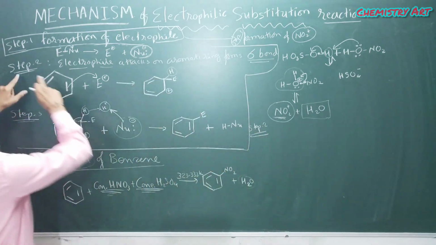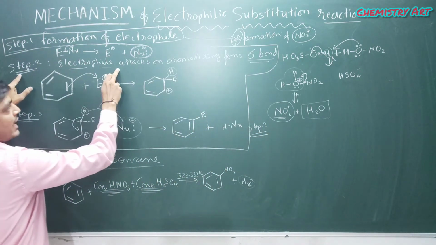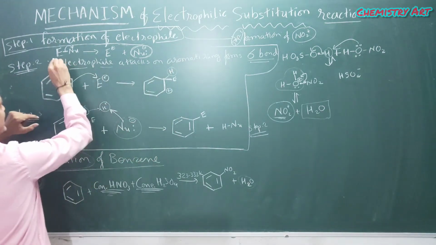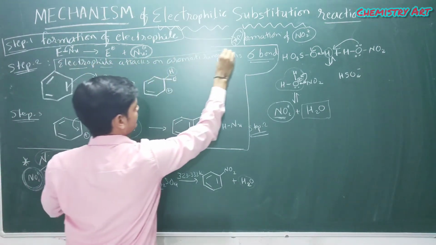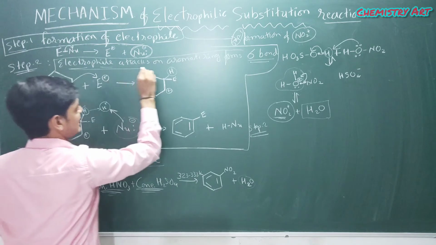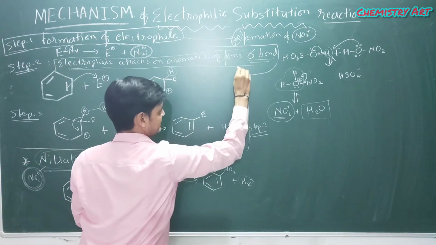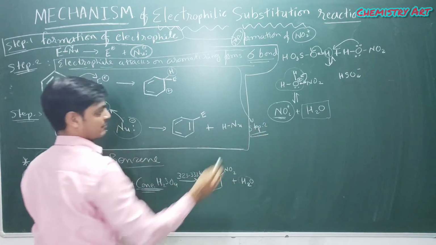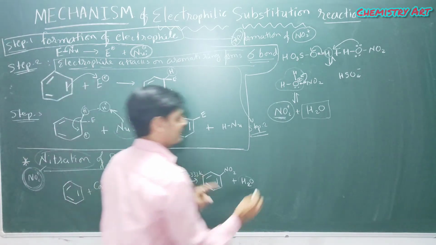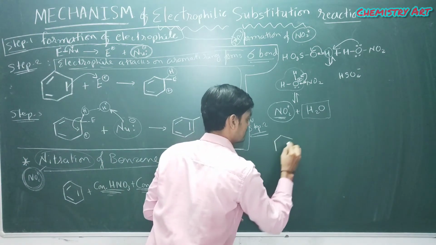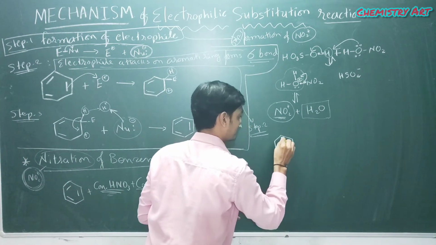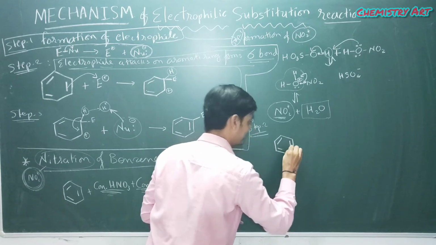In step number 2, the electrophile will attack the aromatic ring. Now we have a ready electrophile, and here we have the benzene ring.